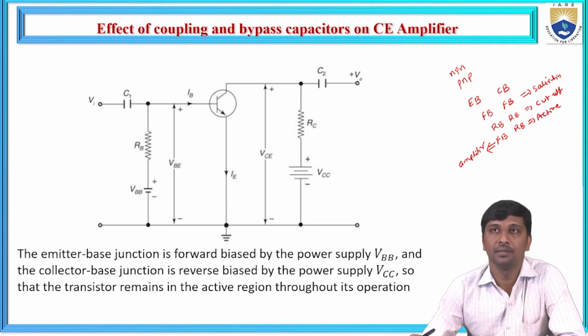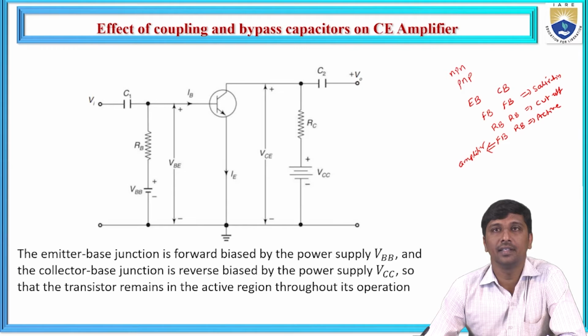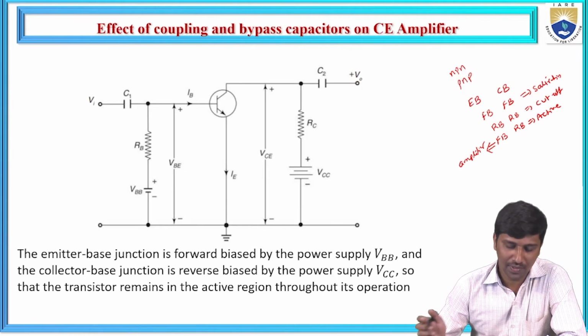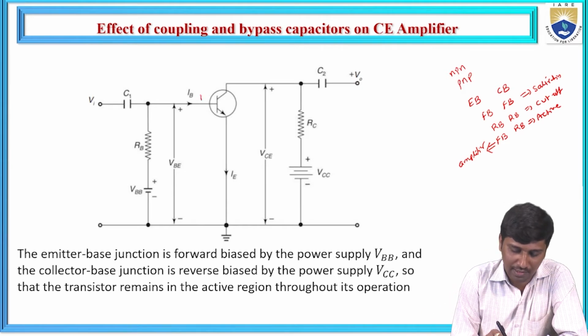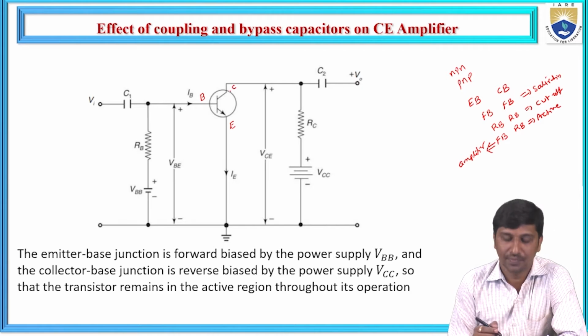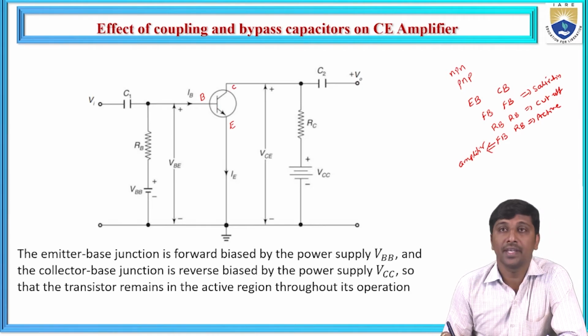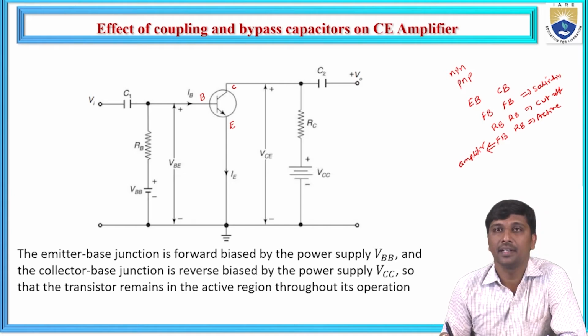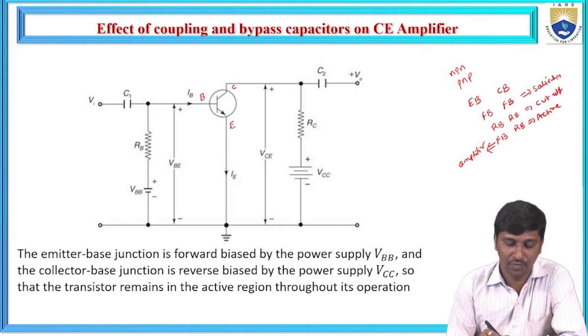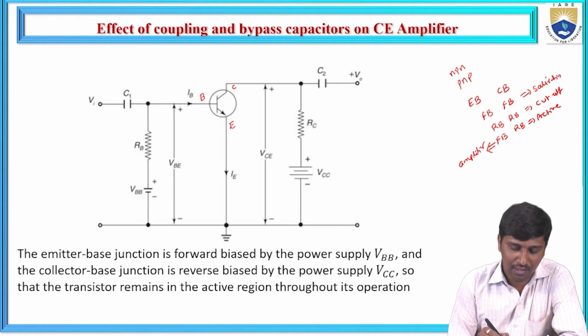So let us consider we are going to design a common emitter configuration. This is base, emitter, and collector. To satisfy the amplification principle, we need to make the emitter base junction forward biased, and we consider the type of the transistor to be NPN.